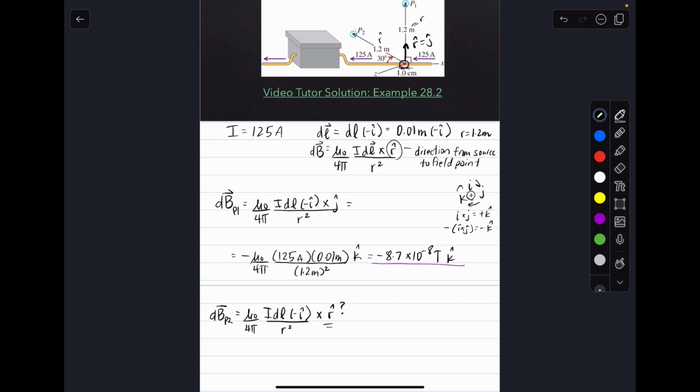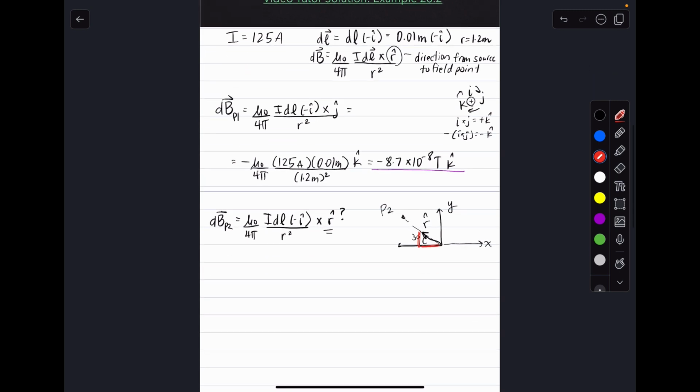Let's go ahead and draw that little bit of, so this is x, this is y, here's positive x, okay, here's P2, and that's 30 degrees. So our r hat is going to be along that line right there. So it's definitely going to have an x component and a y component, right?